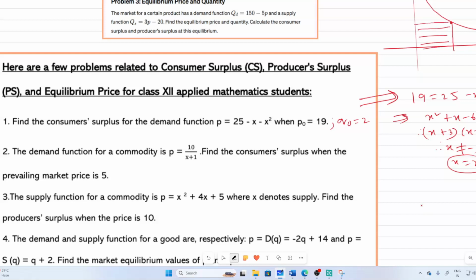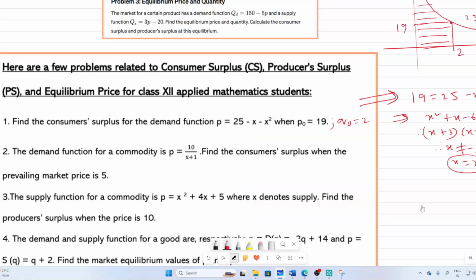Because you got the value of X equal to 2 here, and this portion you also got, 19. Now this curve is 25 minus X minus X square, and this part is called consumer surplus. Which part? The part above it. I showed you earlier, so this portion is consumer surplus.